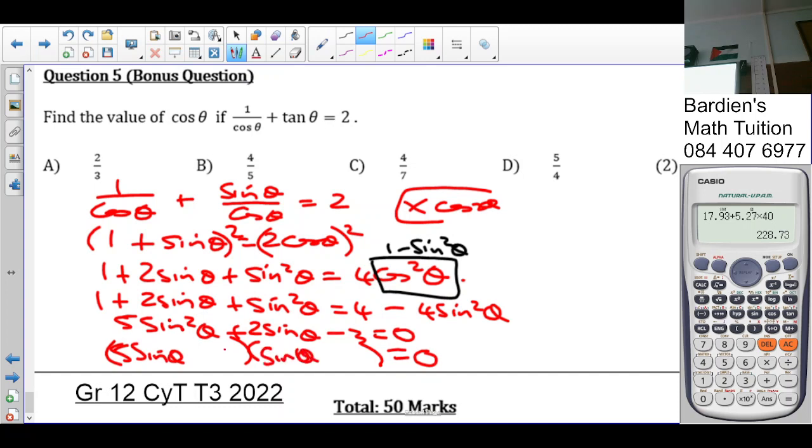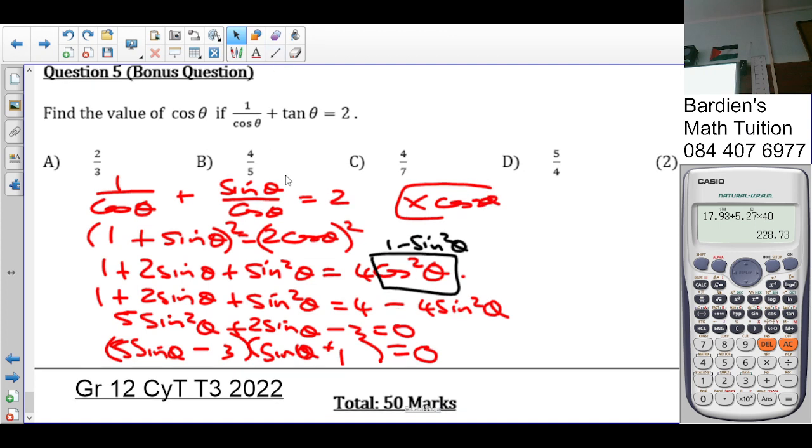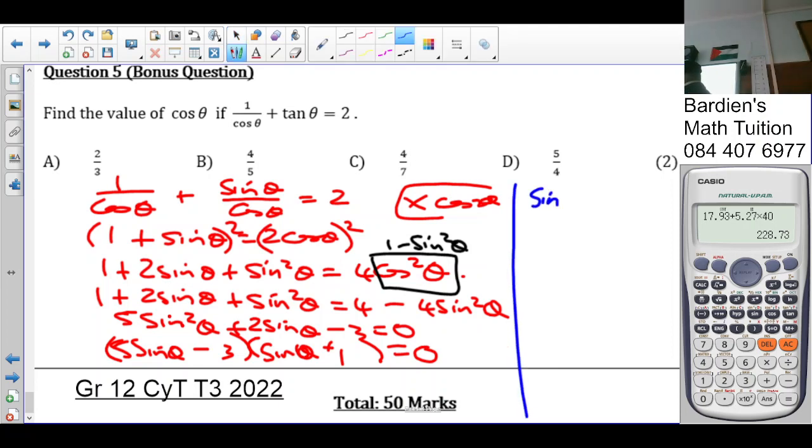You got minus 3 is 2. That's going to give us plus and minus. Okay? Which then gives us, we're at the end of the page. Which then gives us sine theta is equal to 3 over 5 or sine theta is equal to minus 1. Okay?